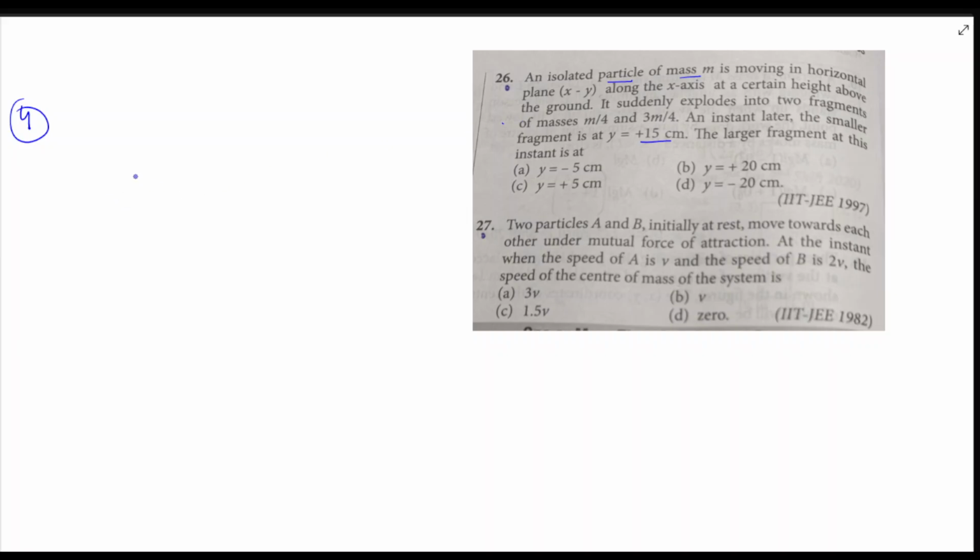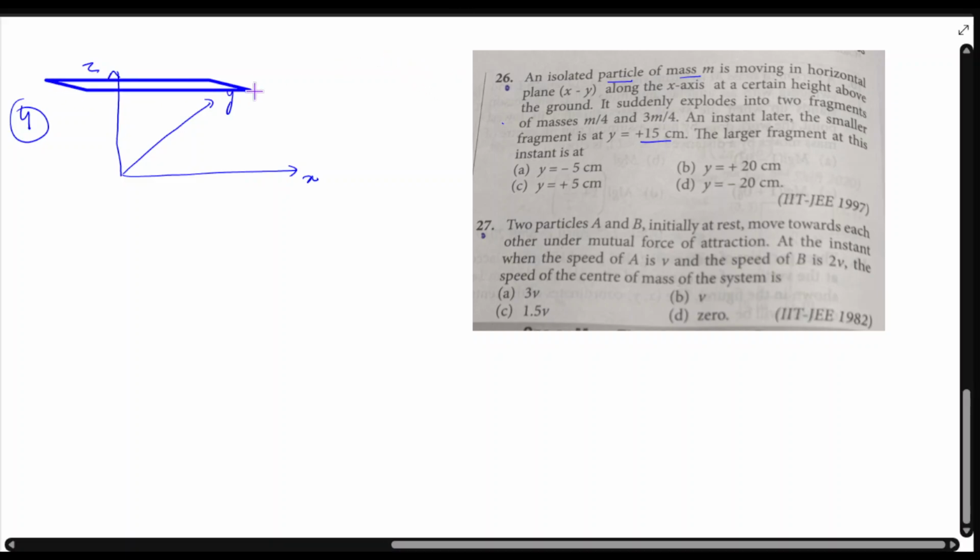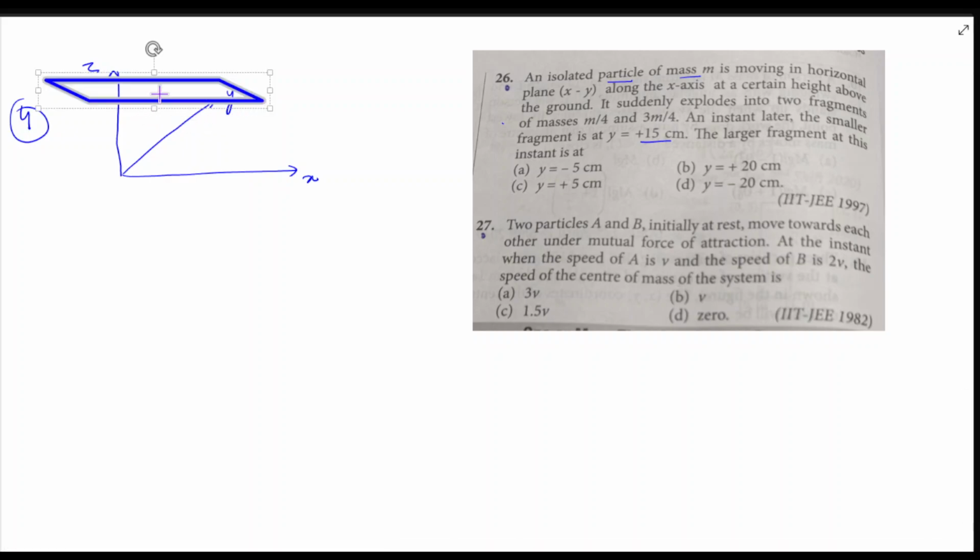So look, we have a plane like this, above the ground. They are moving in the xy plane. Let's say this is x and this is y, so this will be z, right? They are moving in the xy plane, so let me make a plane for you. Let's say this is our plane.